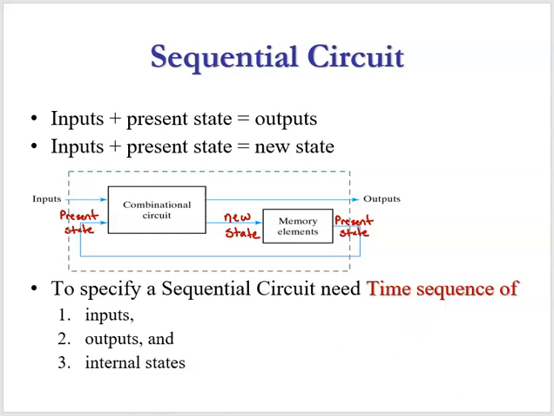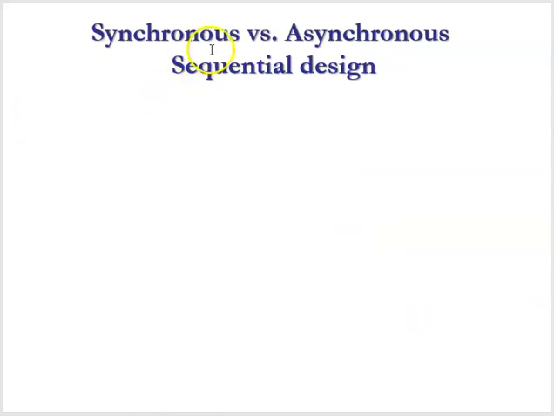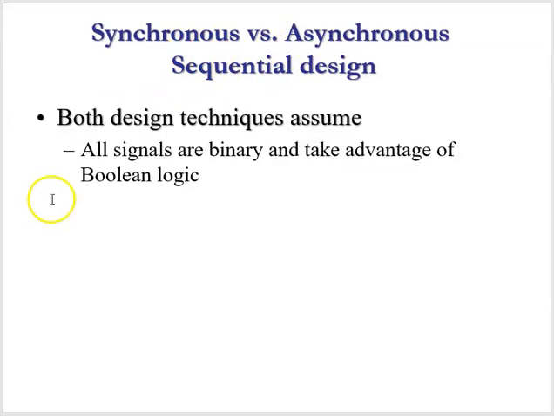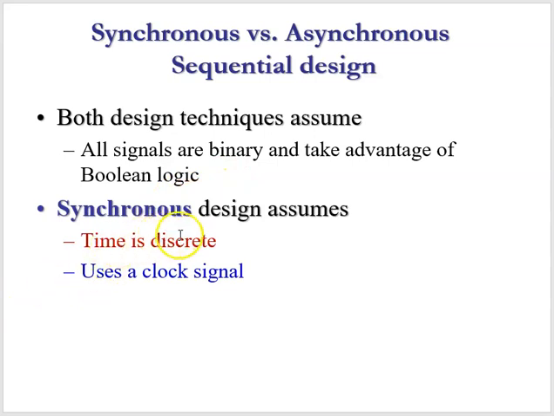When we talk about a sequential circuit, it could be a synchronous sequential circuit or an asynchronous sequential circuit. Both designs assume that all the signals are binary, and they take advantage of the Boolean logic that we've learned so far in this course. Synchronous design assumes that time is discrete.